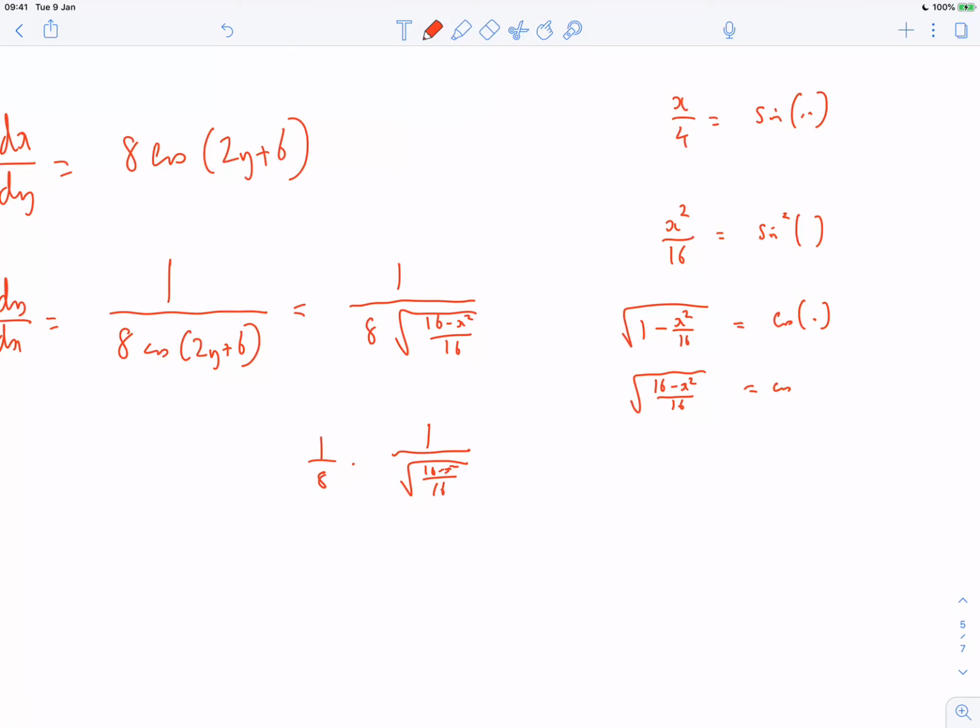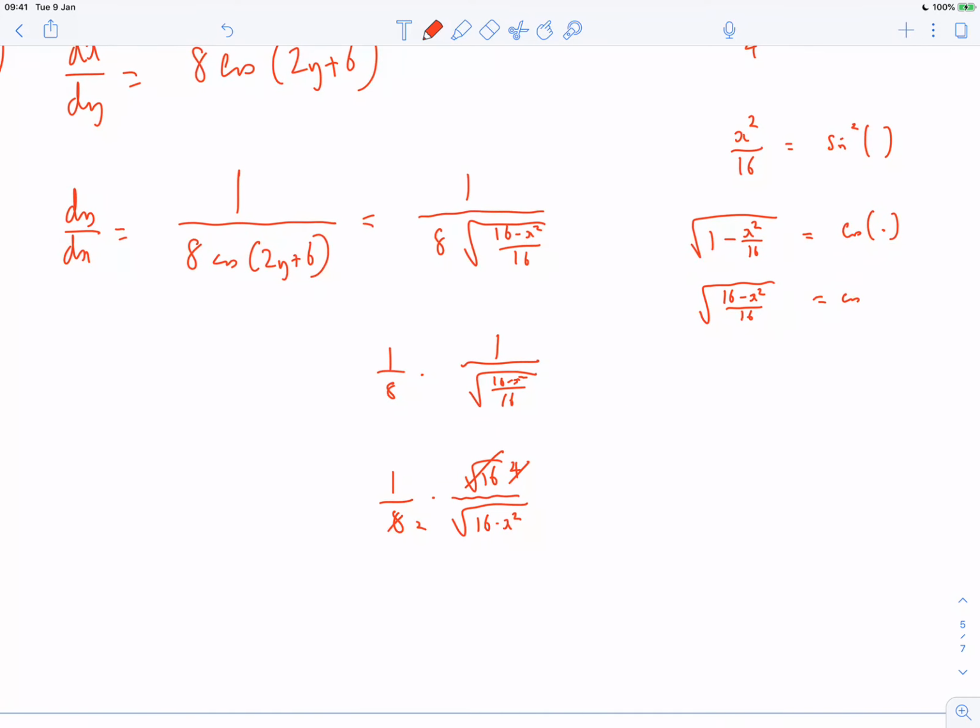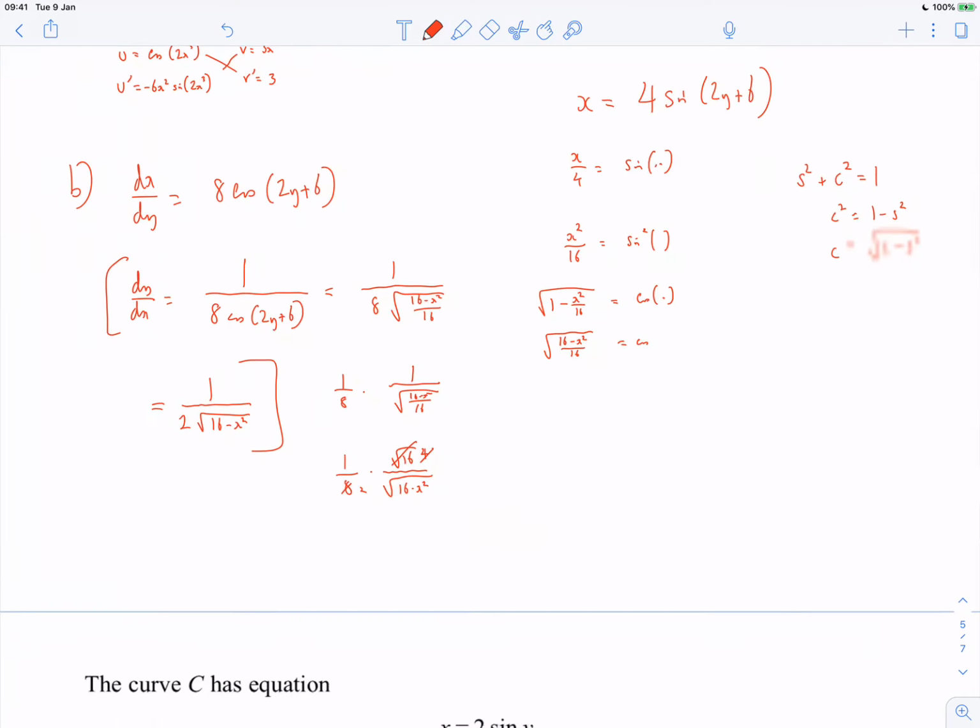So I can flip the surd, so this becomes root 16 over root 16 minus x squared, times 1 over 8. Root 16 is 4. The 4 and 8 cancel, so that's a 2. So actually, you don't have to simplify. I'm being silly now. This is actually 1 over 2 times the square root of 16 minus x squared. And that's fine. Totally acceptable.